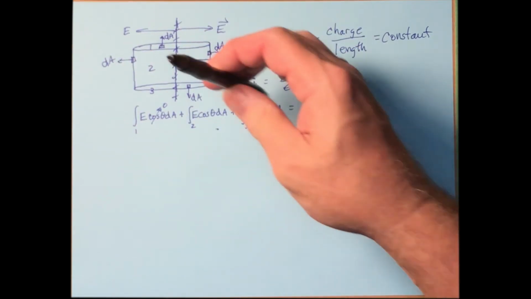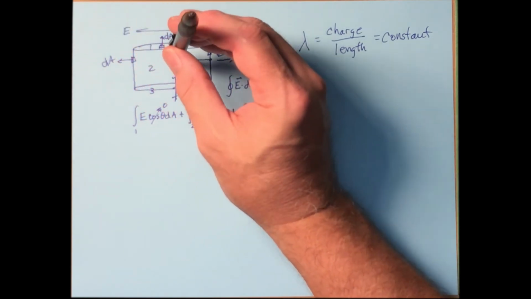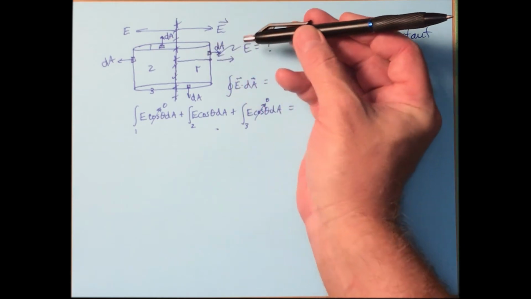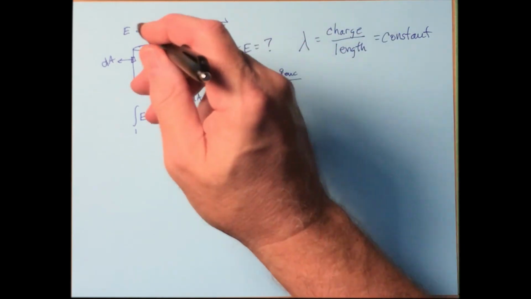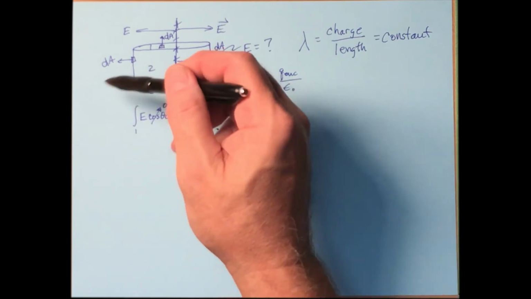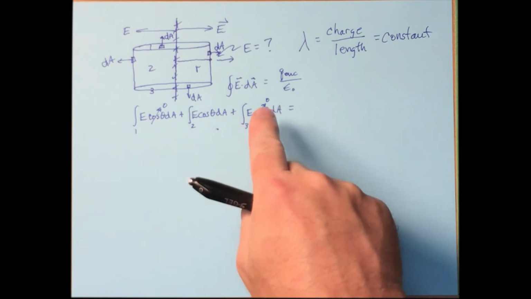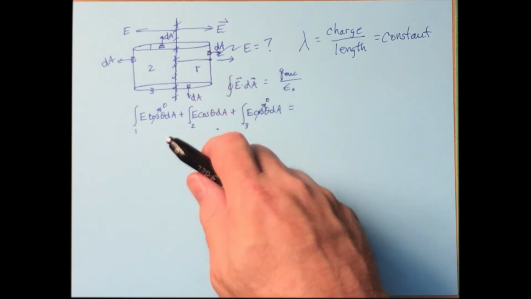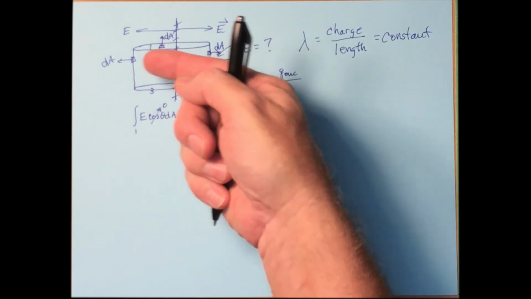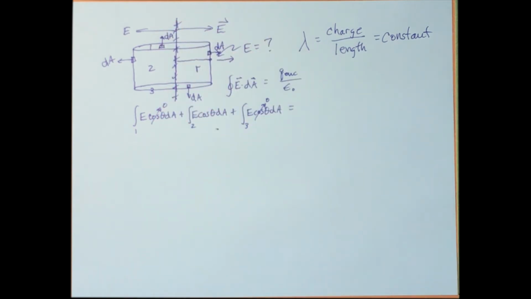But then they're also going to point outward in this direction, all the way around and into the board on the opposite side. So the dA vectors are in that direction, the way that we've got drawn here. But the electric field is pointing in the same direction regardless. So the electric field points to the right, to the left, out, parallel to the dA vectors regardless of where you're at on the surface.